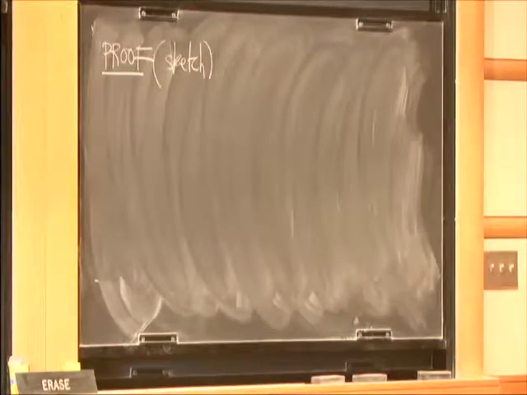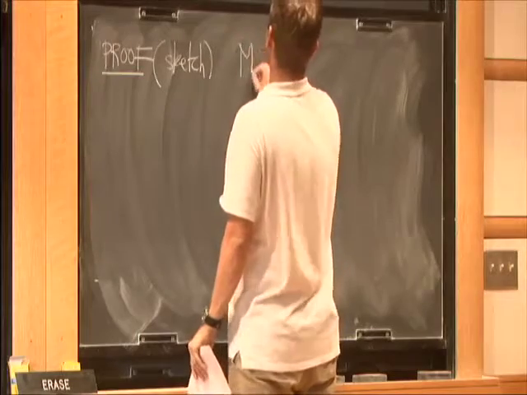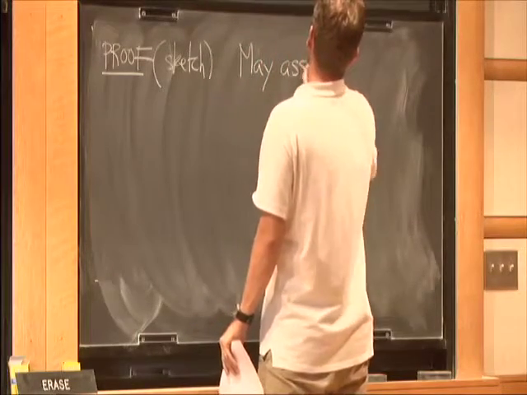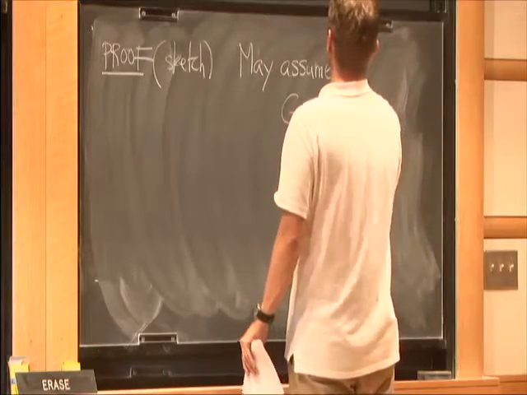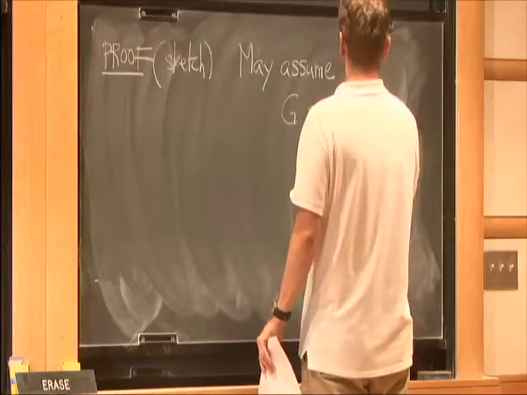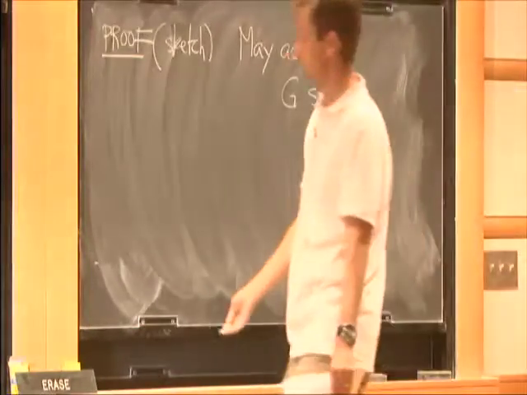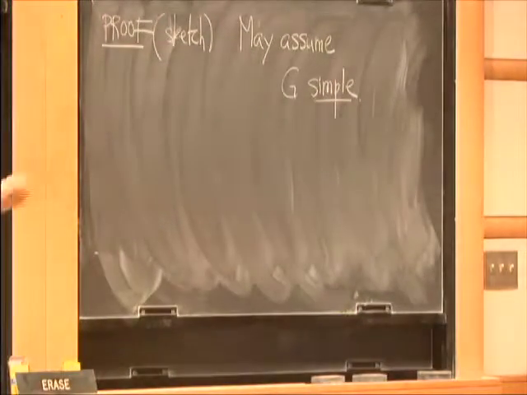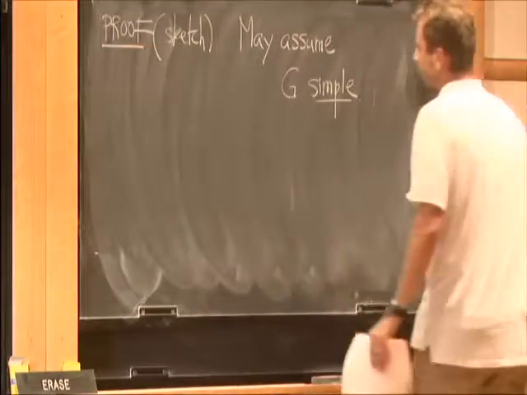And the first thing you do is you reduce to the simple case, right? So you may assume G is simple. It's a little bit of bookkeeping, but you just pass to the derived group, and you pass to the simply connected cover, and write it as a product of simple groups, and you produce a norm.